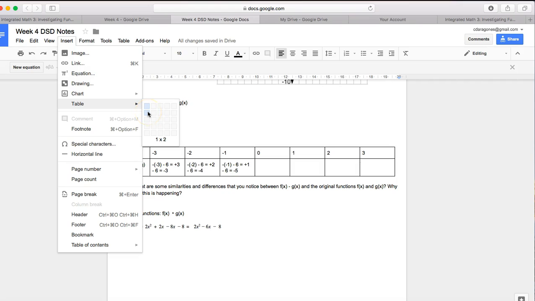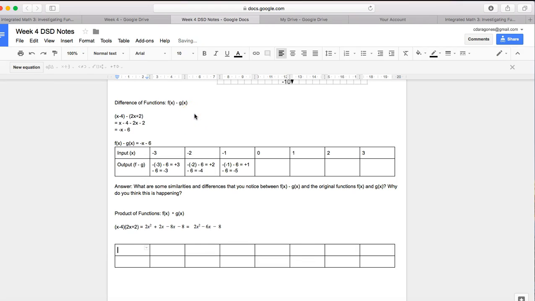I recommend that you do both negative and positive values. So I'm going to have input, my x, my output, which is f times g, right? That's my new function, it's a product now. So I'm going to go ahead and take negative 3, negative 2, negative 1, 0, 1, 2, 3.